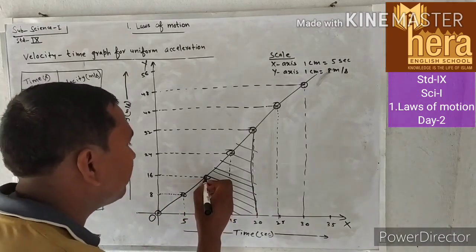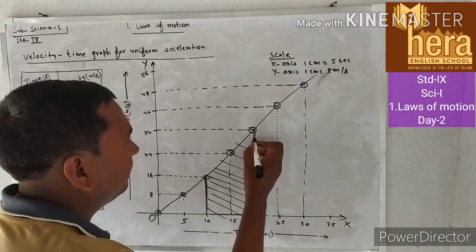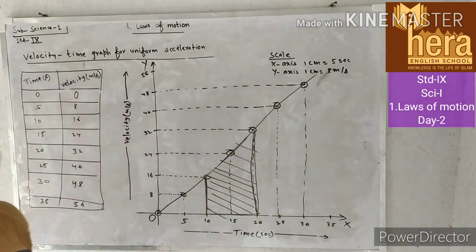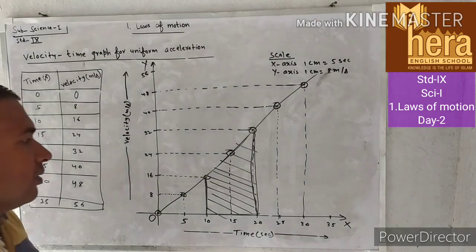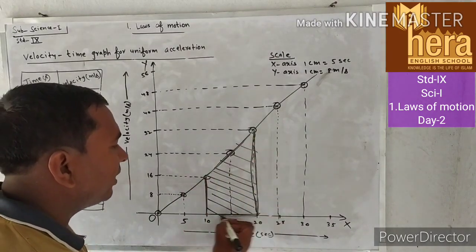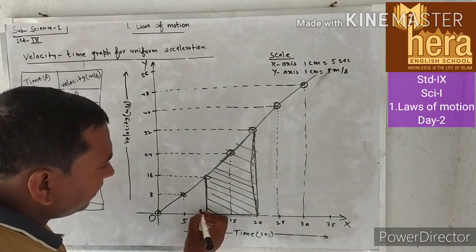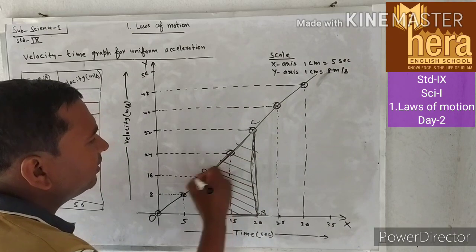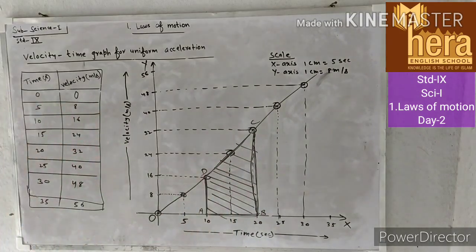So this is the trapezium. There are two ways to find distance. This is the trapezium, okay? So you have to find the area. Suppose this is A, B, C, D. This is a quadrilateral, a trapezium. So what will be the answer?